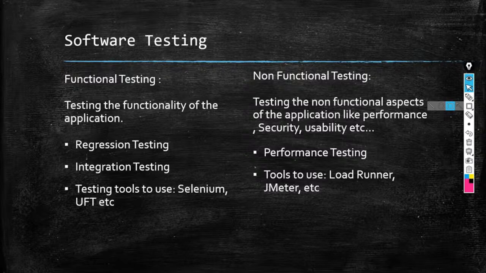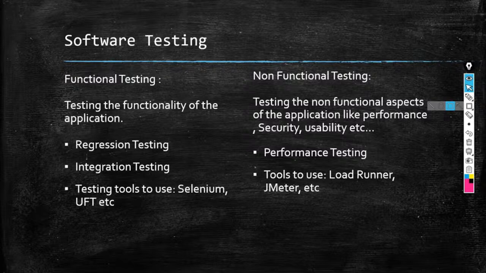So what do you mean by functional testing? Functional testing means we have to test the functionality of the application, for what purpose it was developed. So we have to test the core functionality of the application. The different types of testing we have in that space are regression testing or integration testing, right?